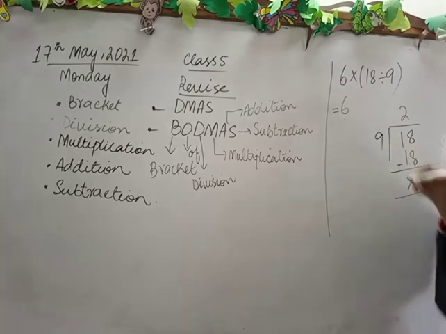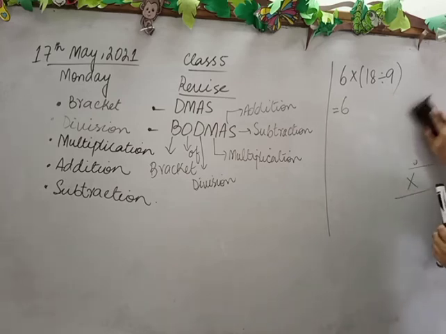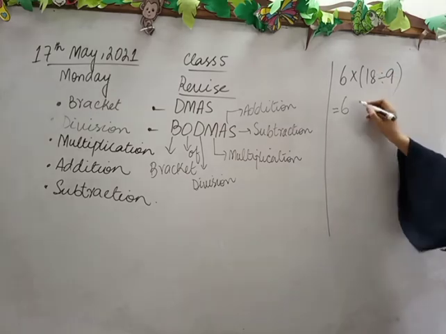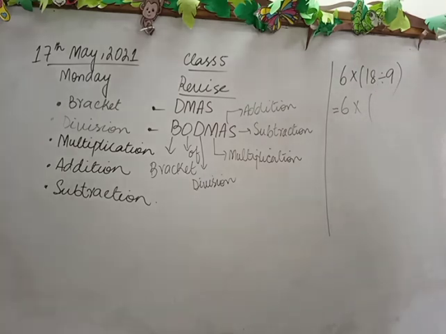We will write 6 as it is, the multiplication sign as it is, and when we divide 18 by 9, we get 2 from it.